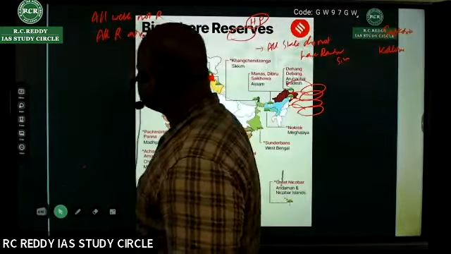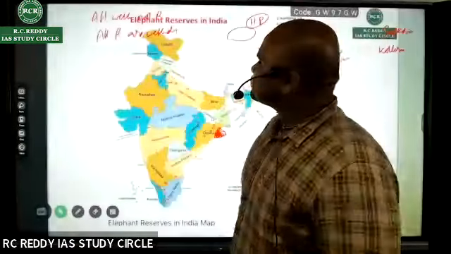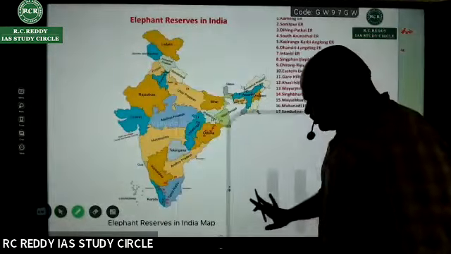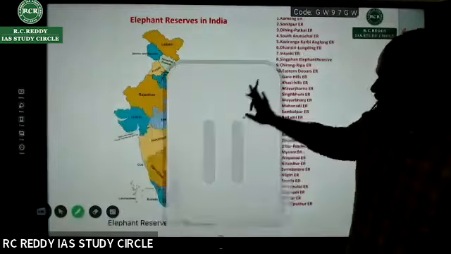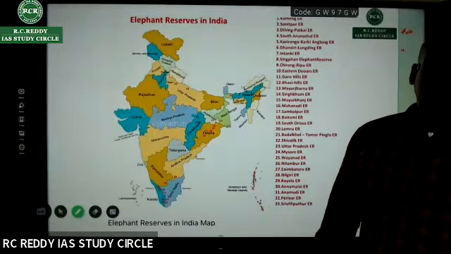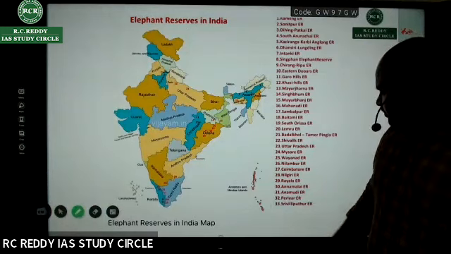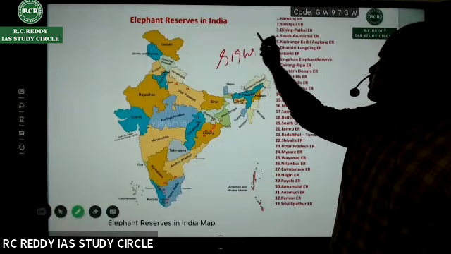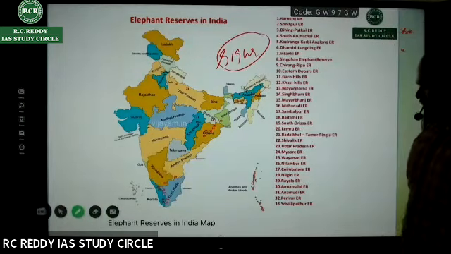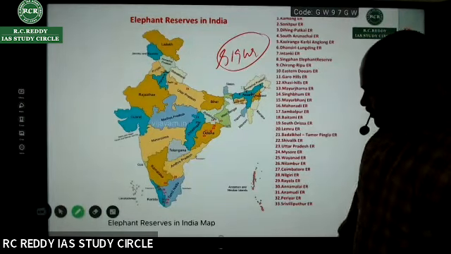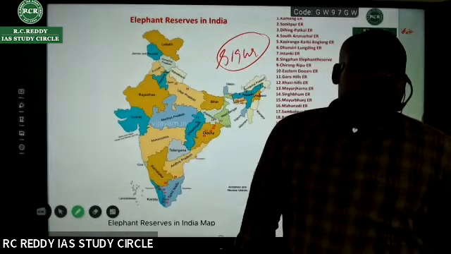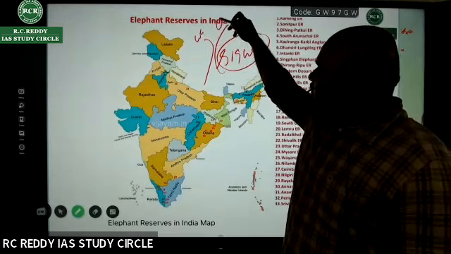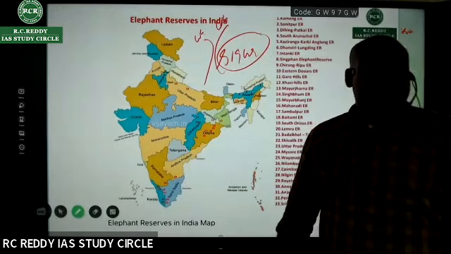Okay. Next, elephant reserves. Please look into elephant reserves. Perhaps 33 or 34 are there. One elephant reserve which is definitely important is Sigur or Singur, right? The Singur or Sigur Elephant Reserve is the point where we see the meeting of the Western Ghats and Eastern Ghats.